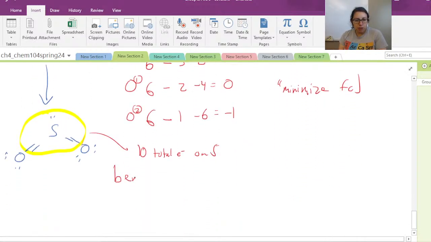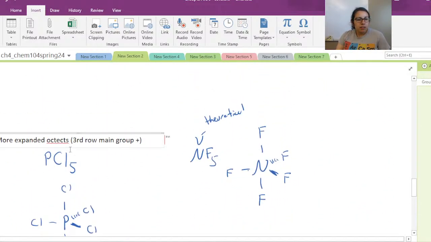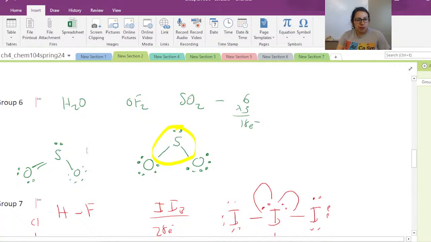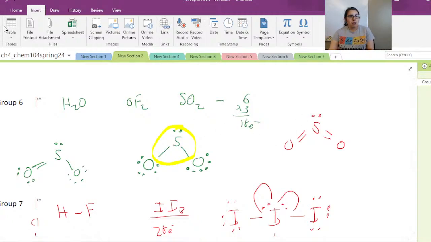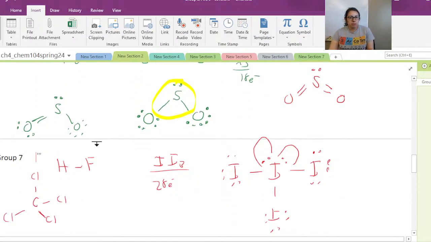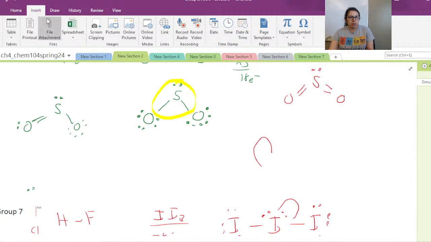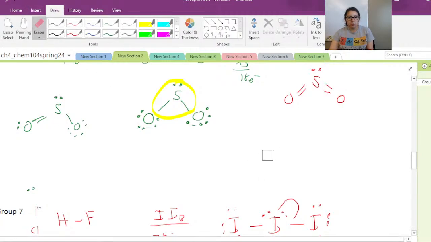So the geometry is bent for our purposes, but this is a funny one, and I wanted to point it out because most group 6 have 2 lone pairs. So if we go back to our group 6 up here, let me redraw the definitive sulfur dioxide structure, but then we can also compare it to our other group 6s. Oh, lost its lone pair.